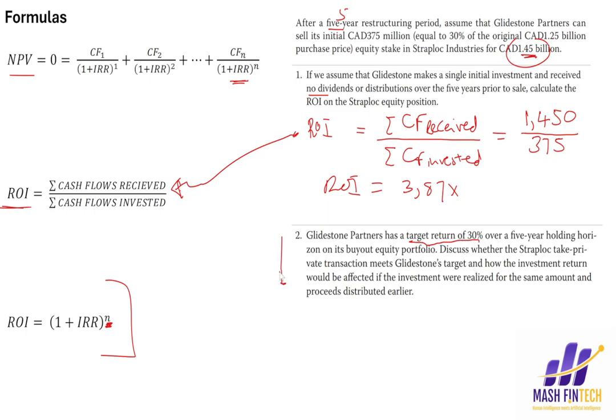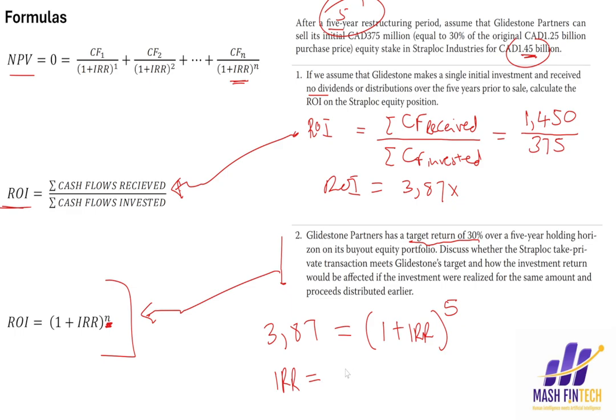Remember, you can simply apply this second formula here, where the return on investment, which is 3.87 times, is equated to 1 plus the internal rate of return, I'll just write it as IRR, to the power of n. The number of years is 5, so we raise this to the power of 5. So your internal rate of return would simply be 3.87 to the power of 1 over 5 minus 1.